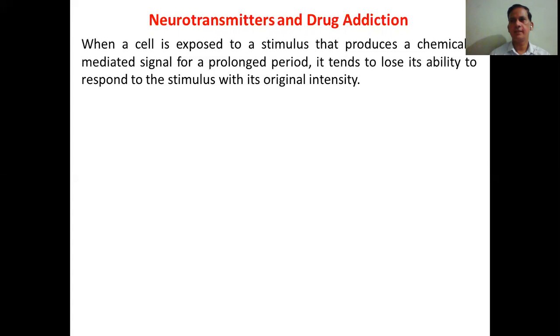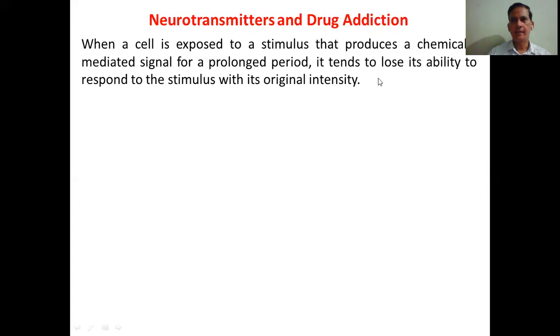For instance, if somebody is taking very spicy food for a longer duration, he will not be able to enjoy food which has a medium or low amount of spices. Why? Because the receptors in the tongue need a high level of spices in order to activate.